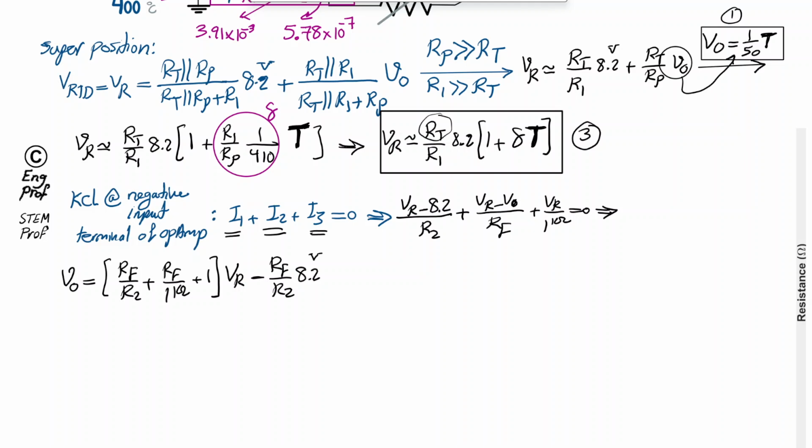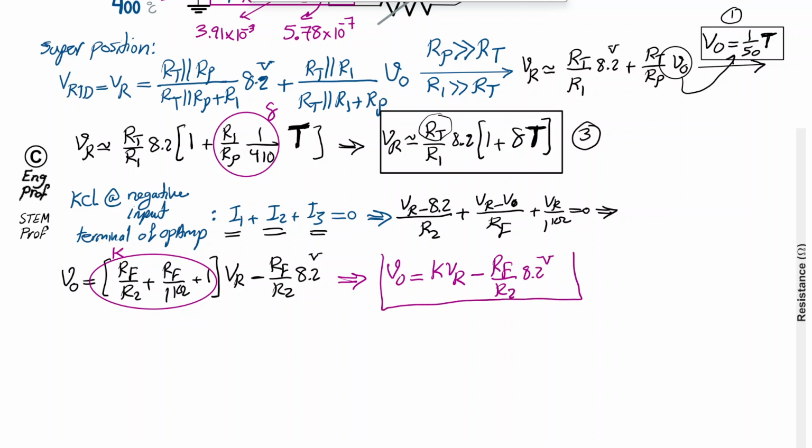Okay, this is an important equation. Now I'm going to name this coefficient as just K. So therefore, as a result, my equation becomes Vout is equal to K times VR minus RF over R2 times 8.2 volt. So let's name this equation 4.